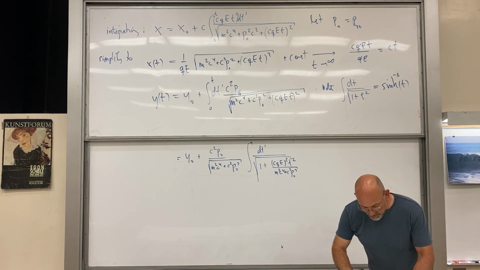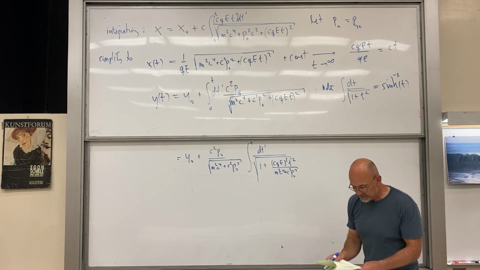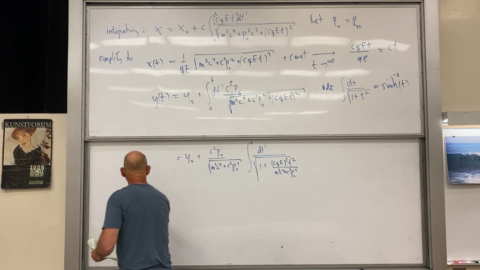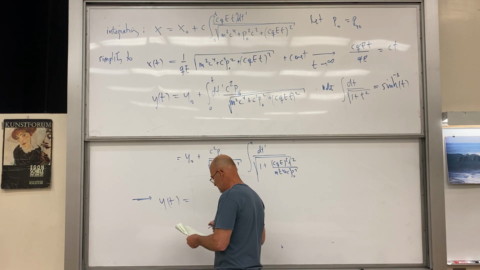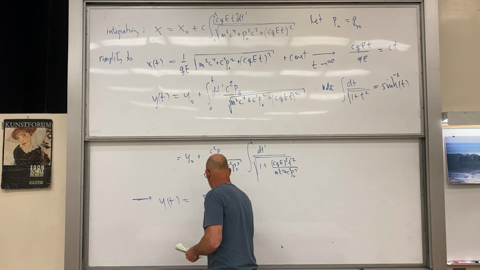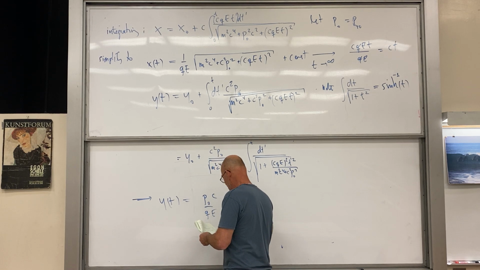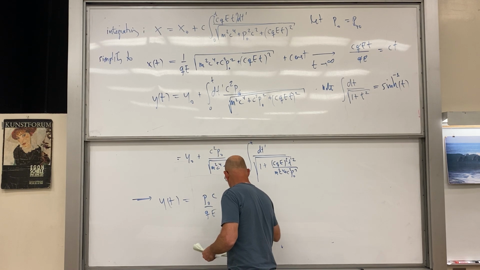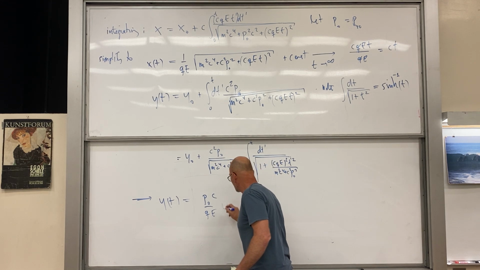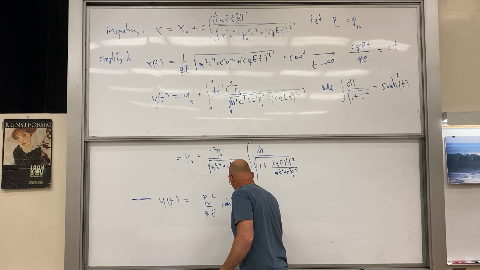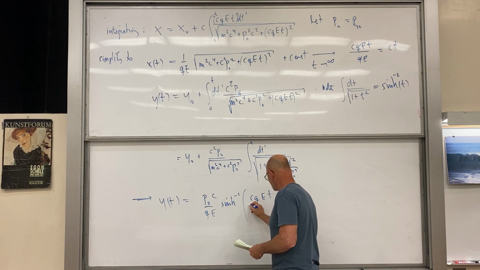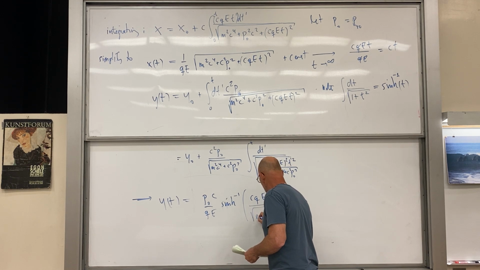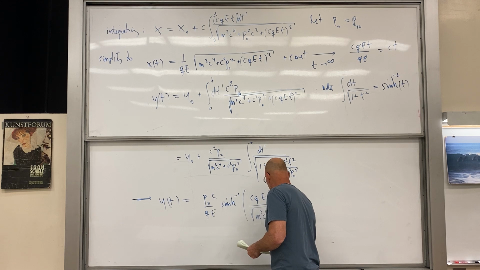So what we get here, if I skip a couple lines, is y of t equals p0c over qE, inverse, actually, let's write it this way, hyperbolic sine inverse of c qEt divided by this energy expression, root of m squared c to the fourth plus c squared p0 squared.